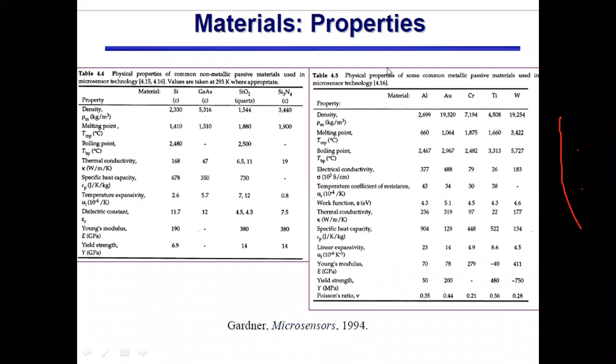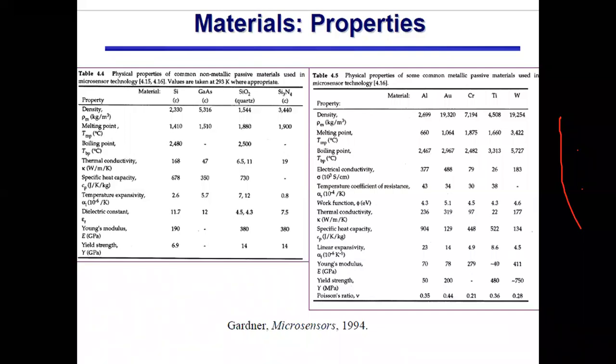Some more tables. As I discussed with you, these tables are important. You have to consult these tables before or during the design phase of your device, to decide which layer or which materials you have to add.